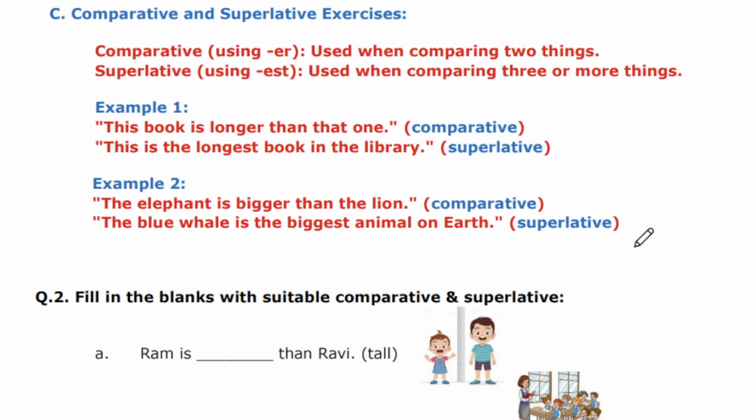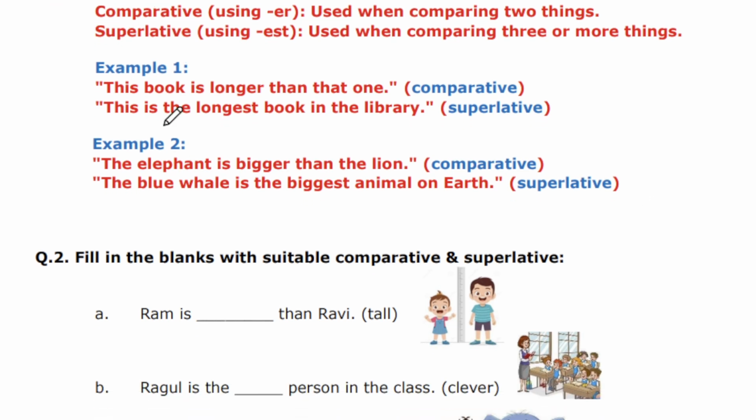For example, if you are running in a race, you won't be running with one person. You will be running with a few other people, like a group of friends or a group of army. Anything more than one, we use superlative.